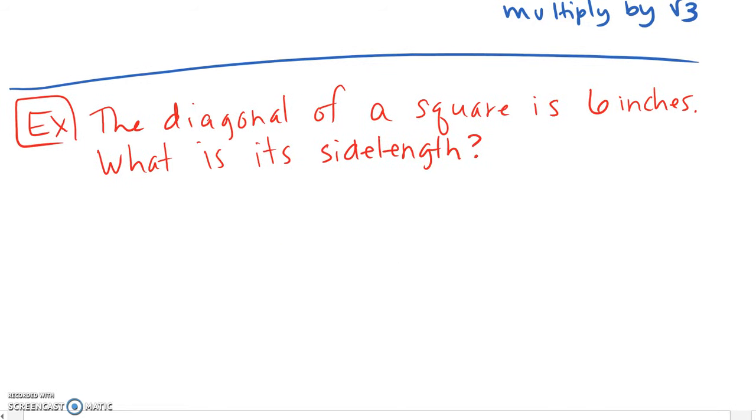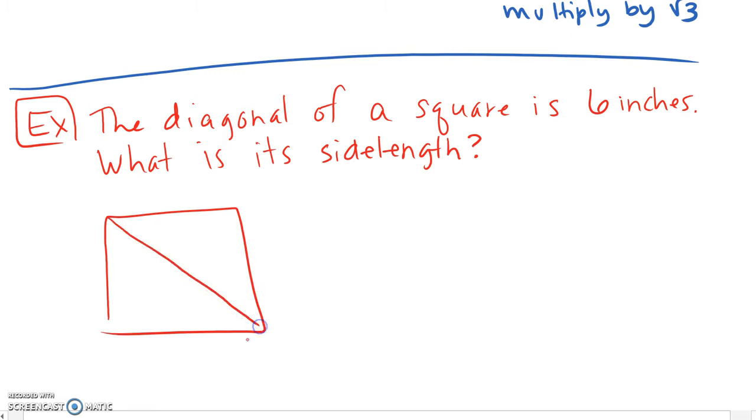The diagonal of a square is 6 inches. What is its side length? So square, diagonal. When in doubt, always draw a picture. I kind of already told you this, but if you're talking about the diagonal of a square, you're talking about half of a square. We're talking about a 45, 45, 90 triangle.